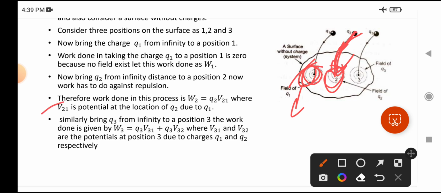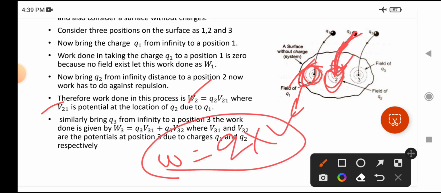Therefore, the work done in this process, let it be W2. W2 is equal to, you know, work is equal to charge into potential. This is a formula: work is equal to charge into potential.